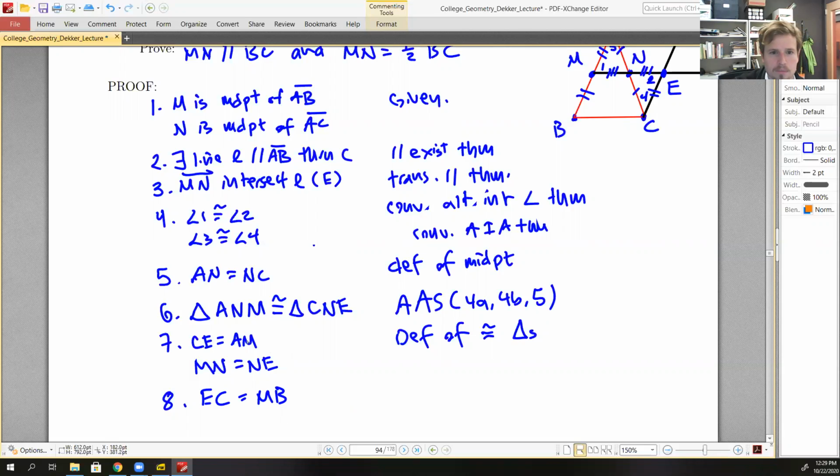I have it somewhere. Where did these equalities go? EC, that's CE, so that's this guy, and I want to connect it to MB. Hold on one second for me.